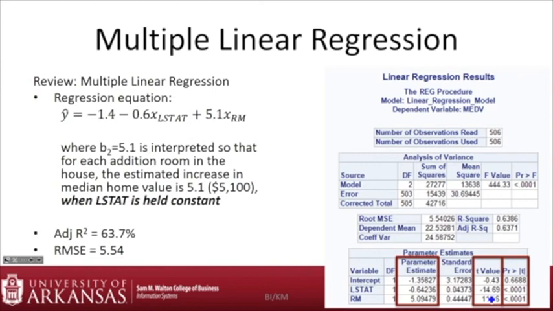Had we actually just changed the data, and instead of making it data in thousands, we actually wrote out the thousands, then this root mean squared error would have actually been 5,540. That's a huge difference from 5.5. So it's not about the value itself, it's about comparing the value amongst potential candidate models.